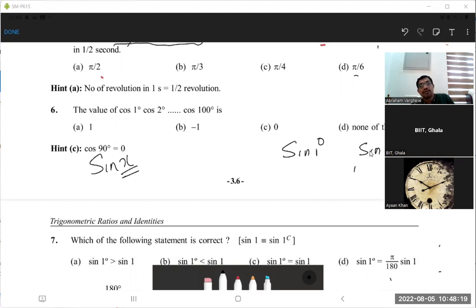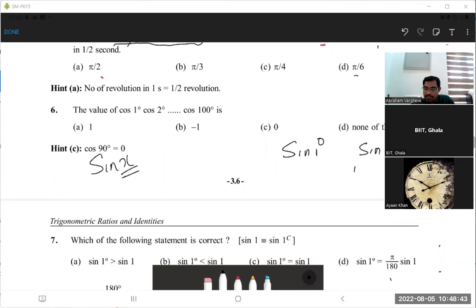Which will be more? To know that one, what do you do? You have to convert, either degree to radian or radian to degree. So this one radian I take. We know that pi radian equal to 180 degree.